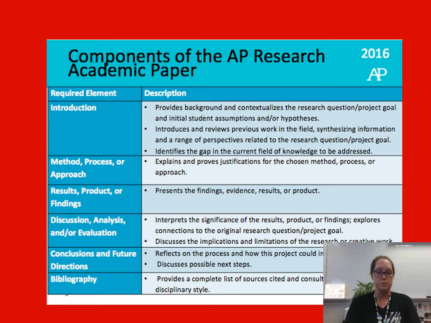It will include the method, a replicable, detailed method, and the results and their findings, and then they'll discuss and analyze those findings using statistical methods. And then conclusions, implications, they'll talk about the limitations of their experiment, and then finally they'll need a citation page.